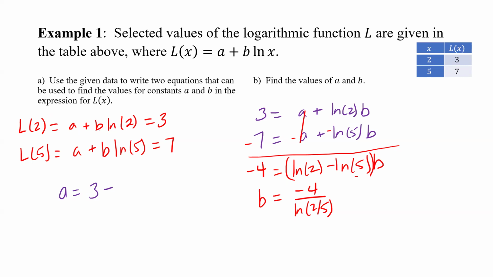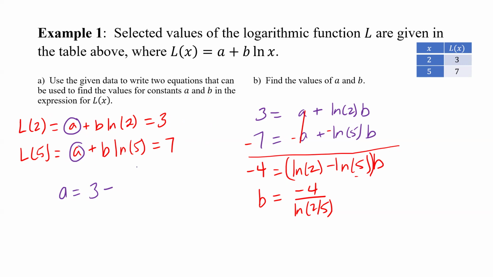I went back to the original. So here's the original. And I want to get a by itself. And either one of these, I would have to subtract, right? So whether I'm getting a by itself here, this is going to be 3 minus b log of 2. This is going to be 7 minus b natural log of 5. Does it matter which one I use?